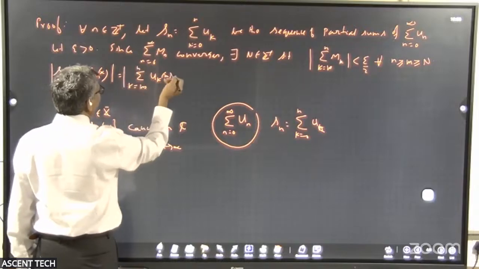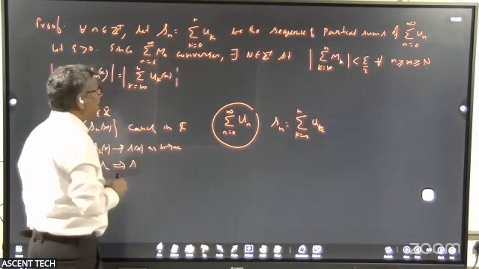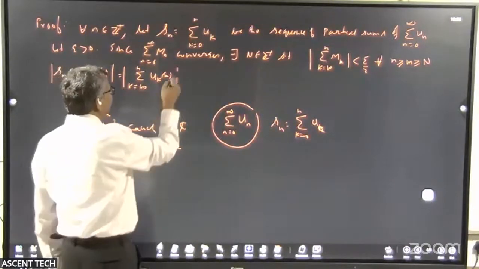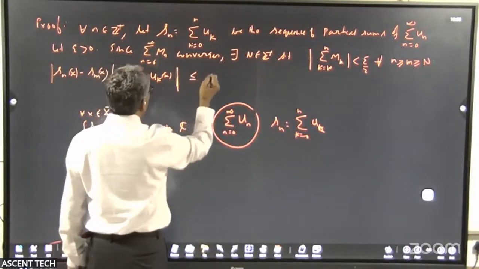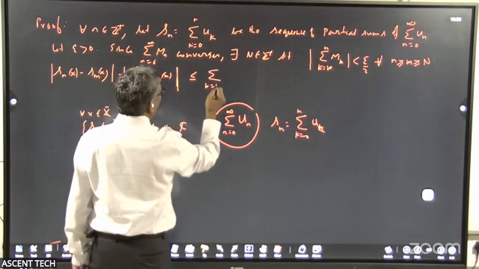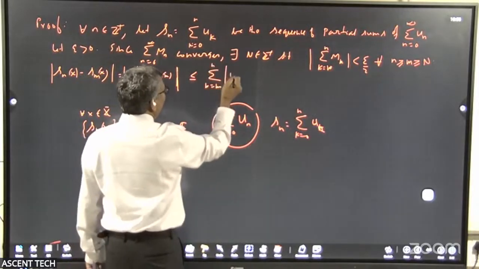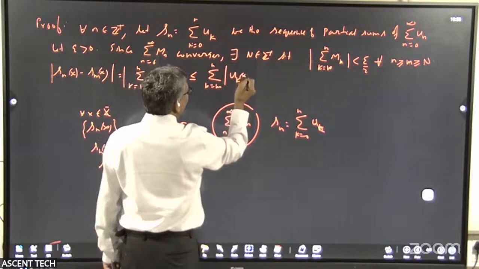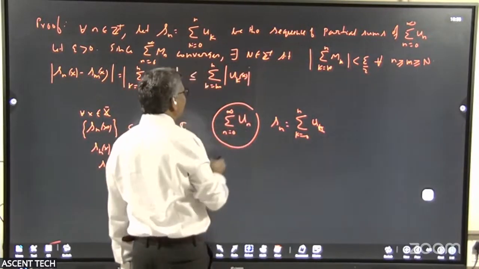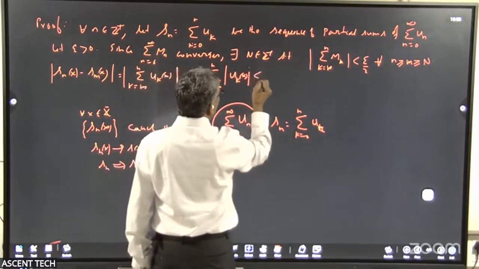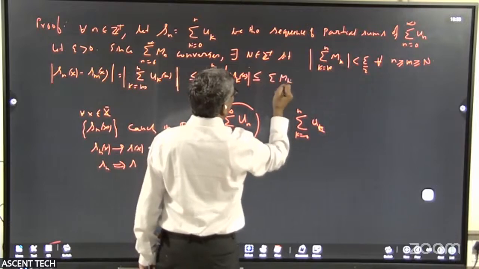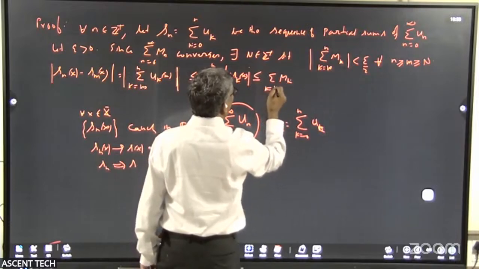I've taken n to be bigger than m. And that is less than or equal to sigma, k equal to m to n, modulus of uk(x). But irrespective of that, this is less than or equal to sigma Mk, k equal to m to n.